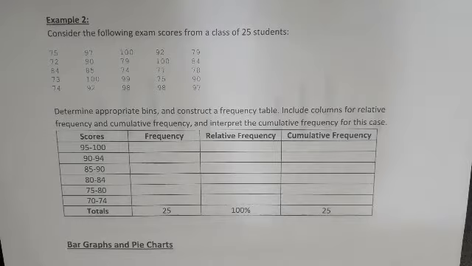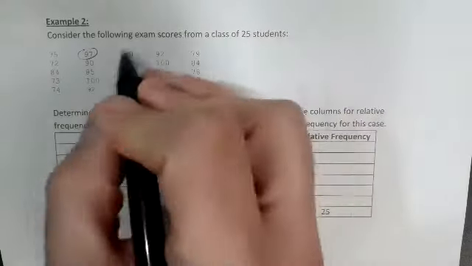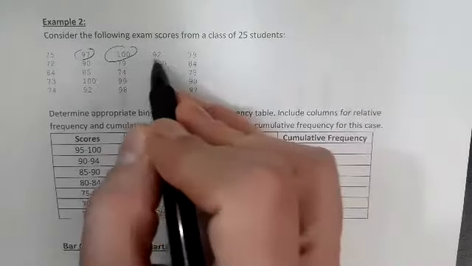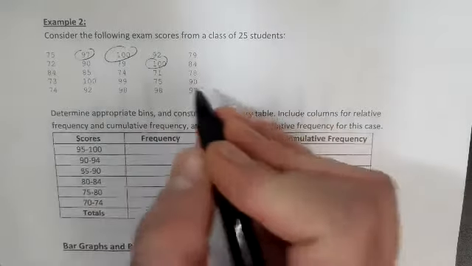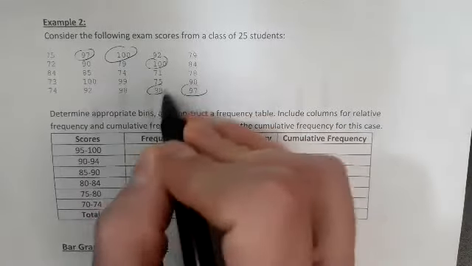So now if we're looking along here, we want to look at everything that is between 95 and 100. So we get 1, 2, 3, 4, 5, 6, 7. I believe there's 8 total things.